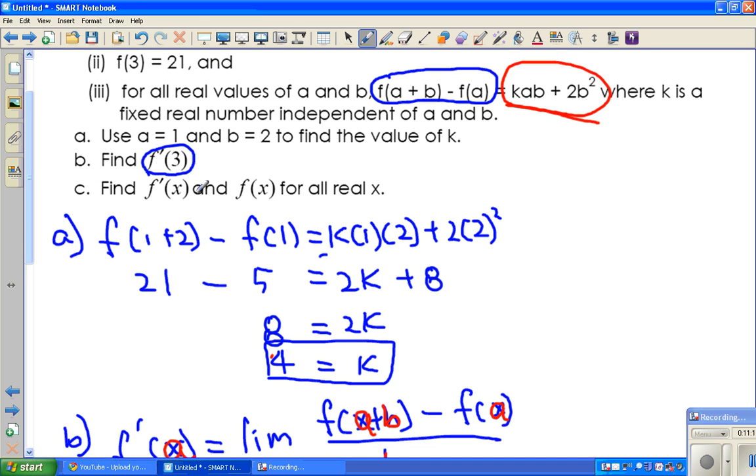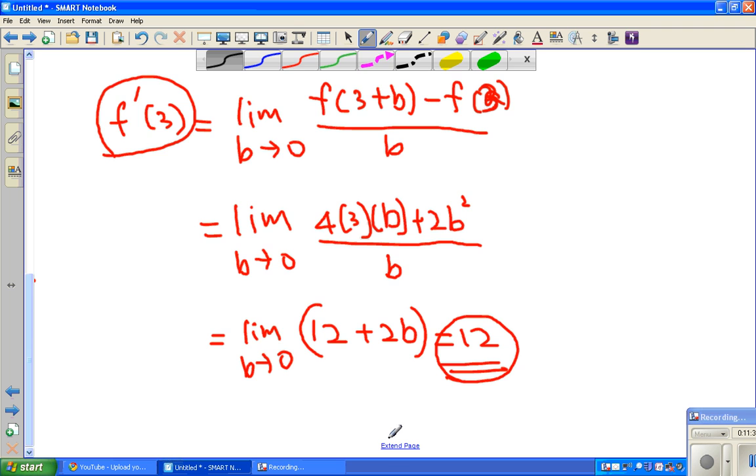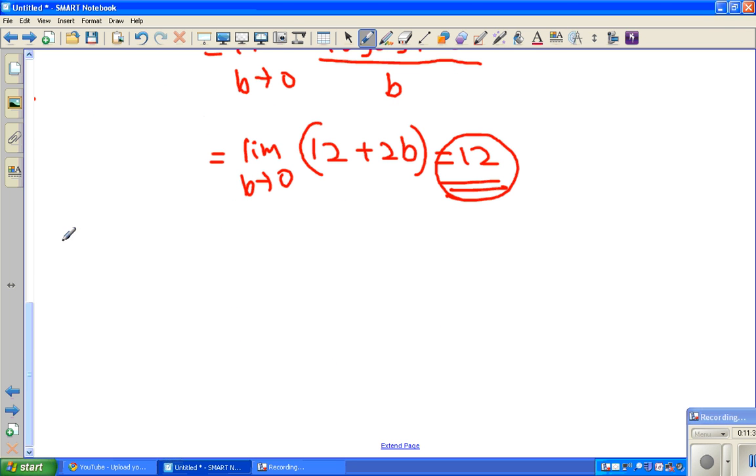Number C, find f prime of x. Even in this case, we will be using exactly the same strategy. Instead of a, we'll be using x. So let us try to look into that. F prime of x now is equal to the limit of f of x plus b.